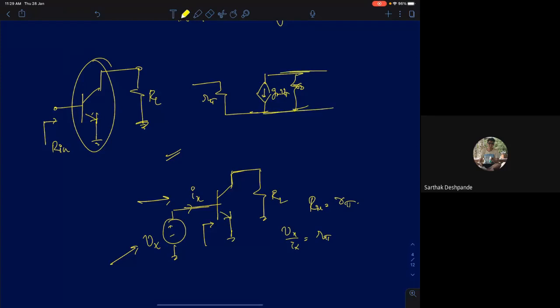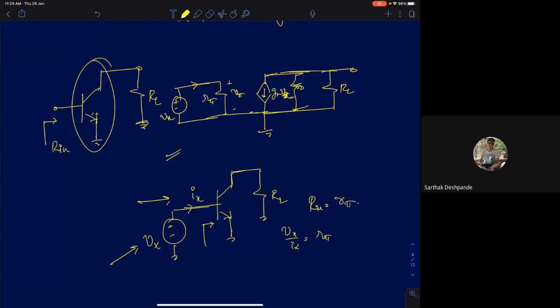Okay, you will have R0 and RL in parallel, and this is ground. Now look at this amplifier. I am applying a voltage Vx here. So can I say Vx equals V pi? Vx equals V pi, right? So this is V pi. Vx equals V pi. So this will be gm Vx.